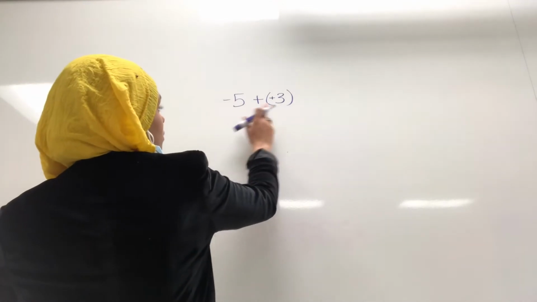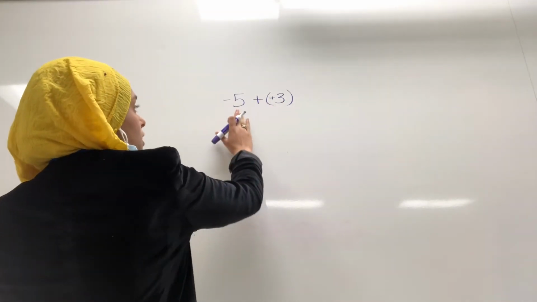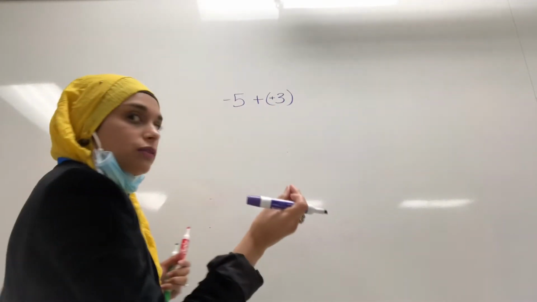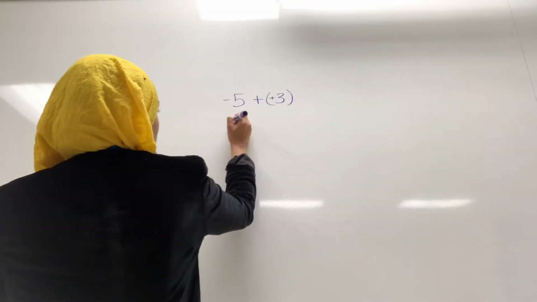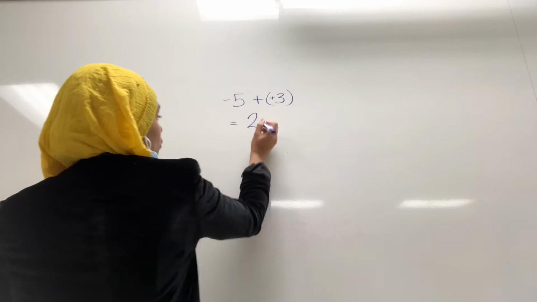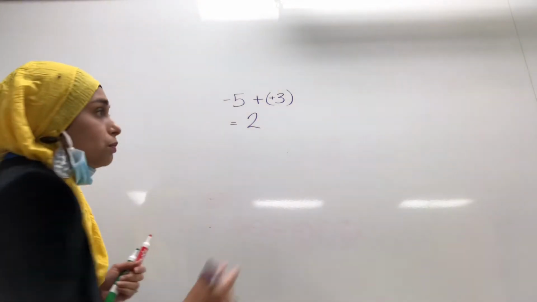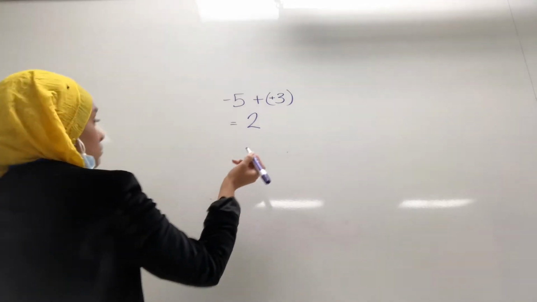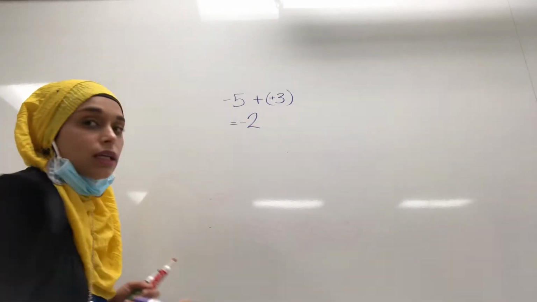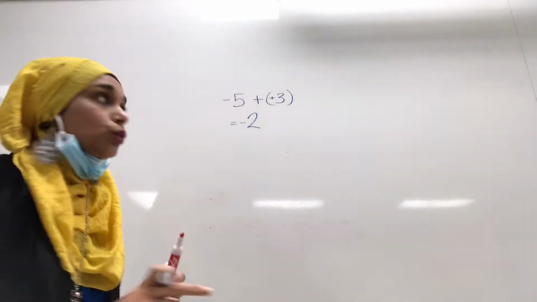So signs are different, so I'm finding the difference. The word difference means to subtract. So I'm subtracting 3 from 5. My answer is going to be 2. Now, which sign do I keep? I keep the sign of the larger number, and in this case, my larger number is my 5, so I'm keeping my negative sign. Okay, that's with the rule.